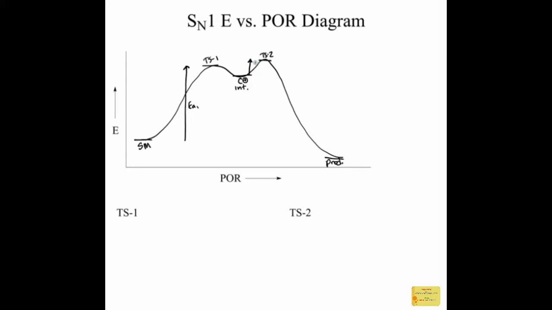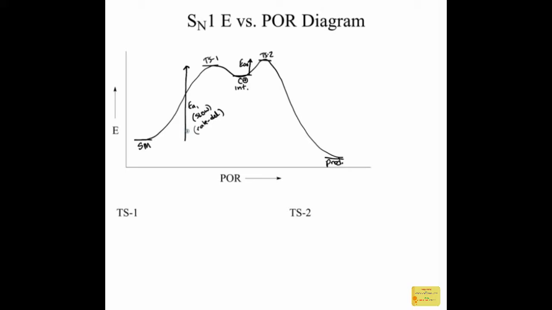So it's a very short path to go to the next transition state. We would call it energy of activation 2. And so this is our slow step. That's our rate determining step. The rate determining step is that endothermic reaction where we're just breaking a bond and forming that high energy carbocation intermediate.